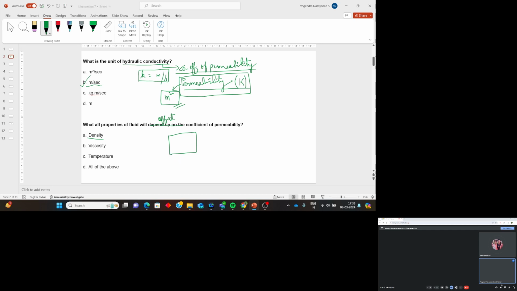Yes, you are right. So the coefficient of permeability is always a function of fluid properties and porous media characteristics.